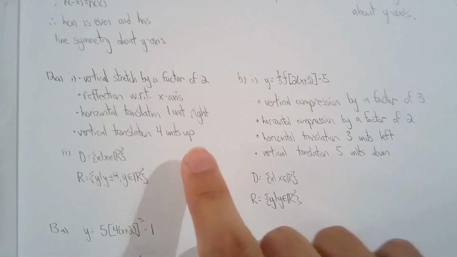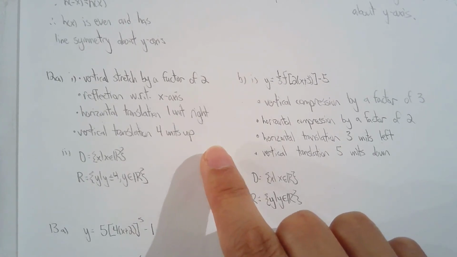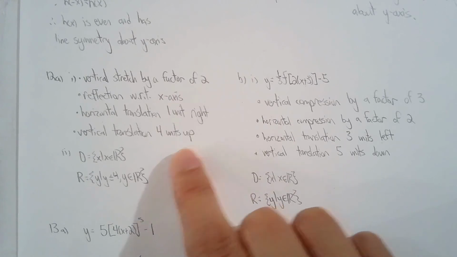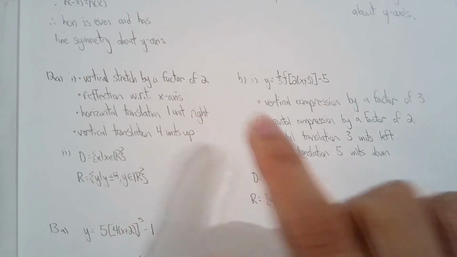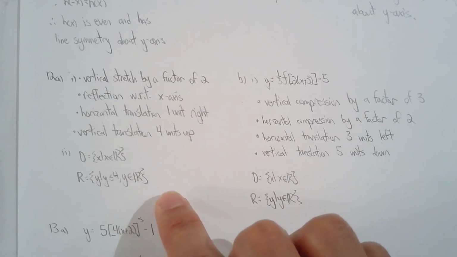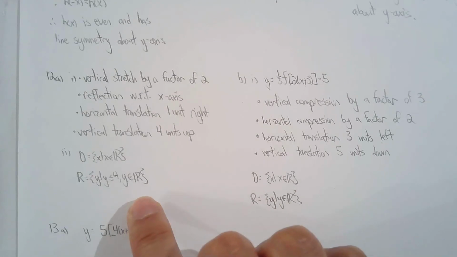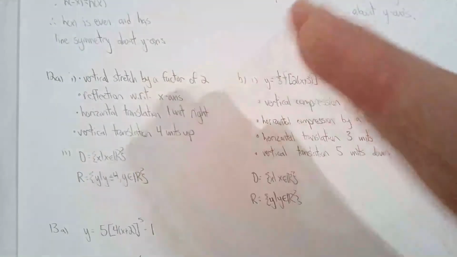For 12a, because you're transforming x to the 4, then using your translations, you can determine where the new absolute max or min point is located. So this one is an absolute maximum because there's a reflection with respect to the x-axis, so it's opening down essentially.